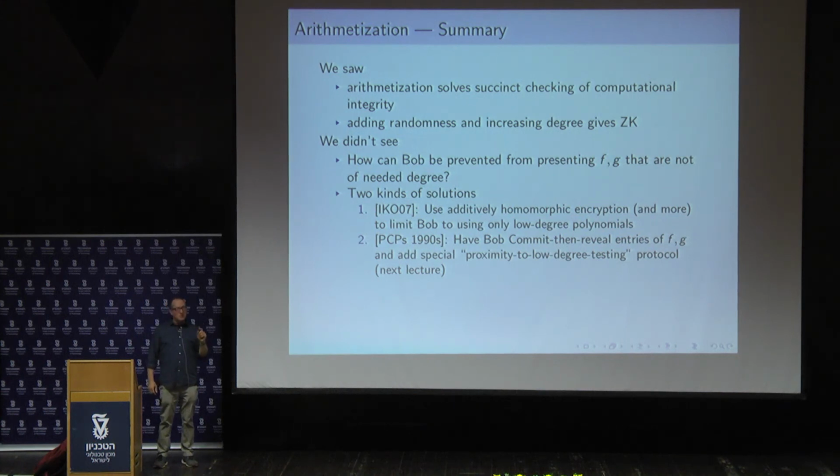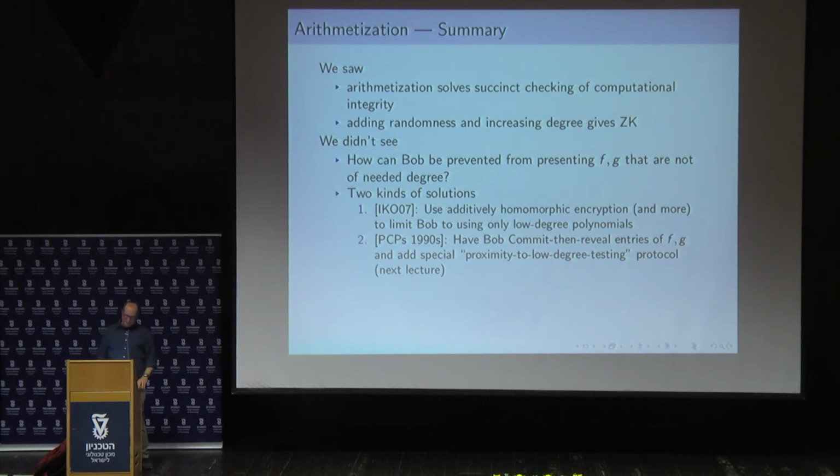Again, the first solution says we use cryptography to hide x naught from Bob while still allowing him the ability to evaluate any polynomial of his choice at the unknown point x naught. And this needs something known as additively homomorphic encryption. It actually needs a little bit more for it to be a proof system.